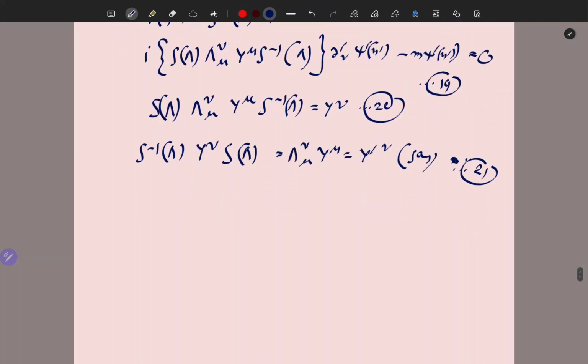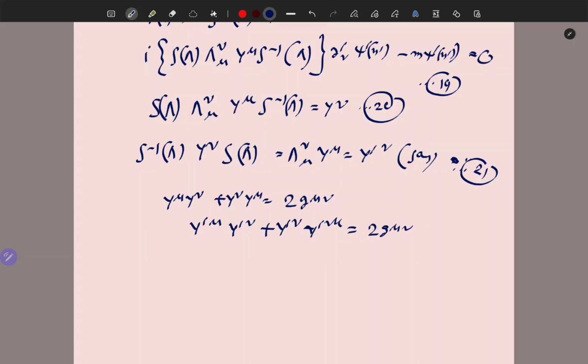We have seen from equation number 15 that the gamma matrices satisfy the fundamental relation gamma mu gamma nu plus gamma nu gamma mu equals 2 g mu nu. It is seen that equation number 3 can be written as gamma prime mu gamma prime nu plus gamma prime nu gamma prime mu equals 2 g mu nu.